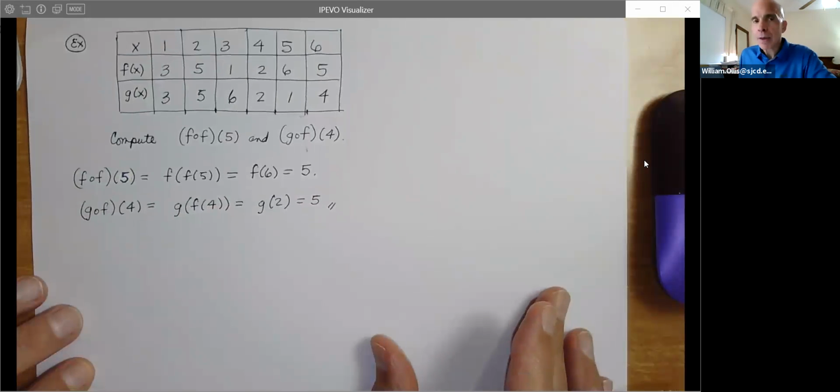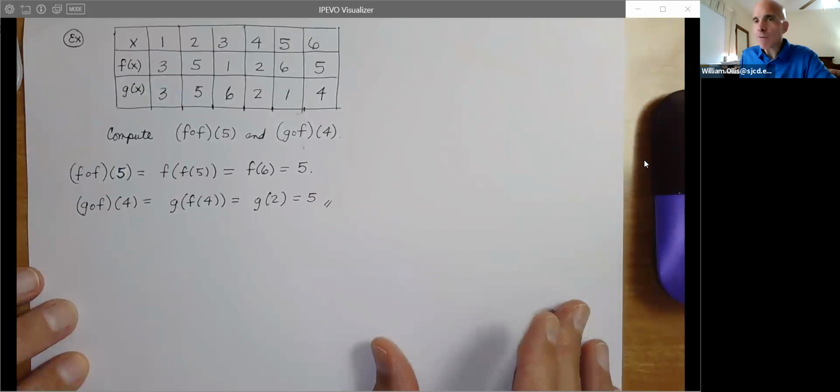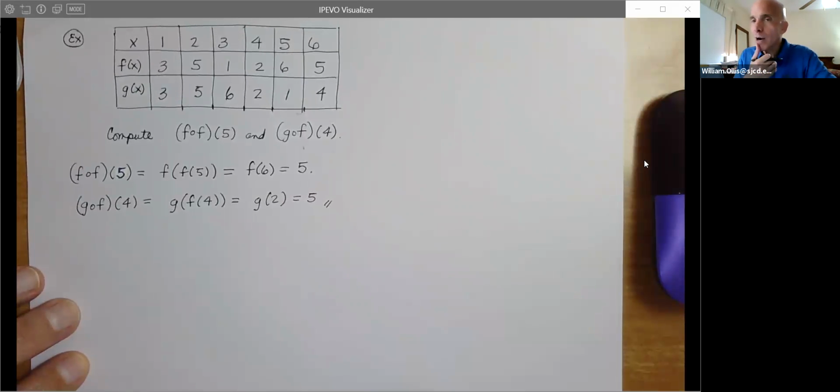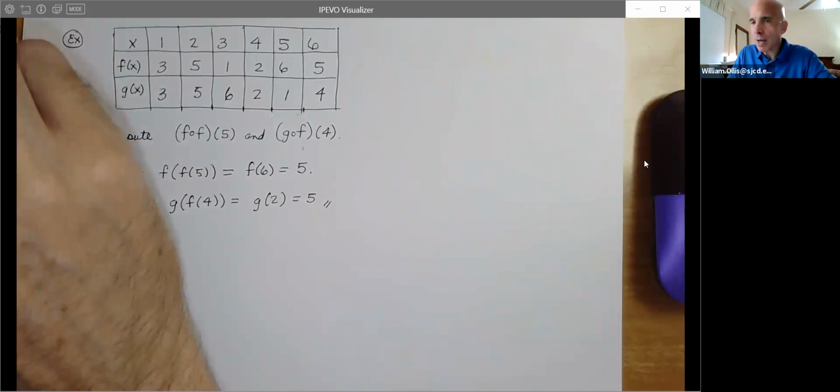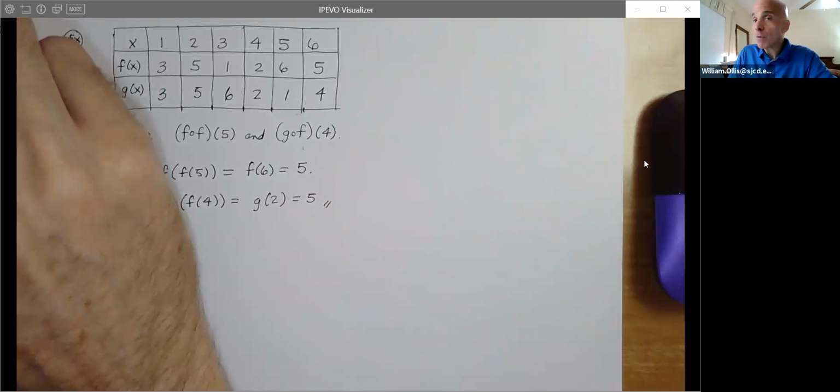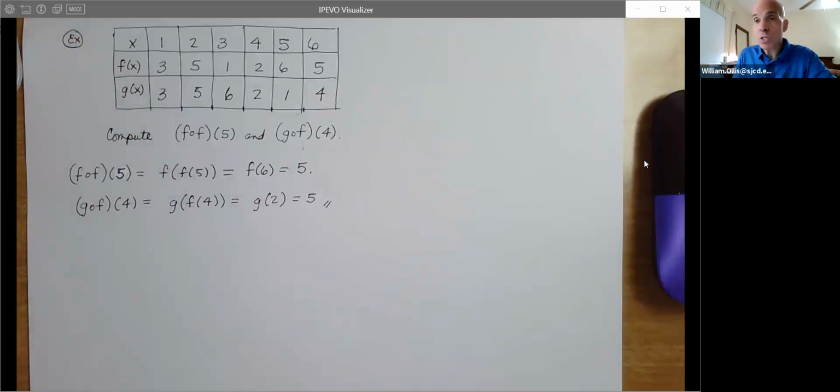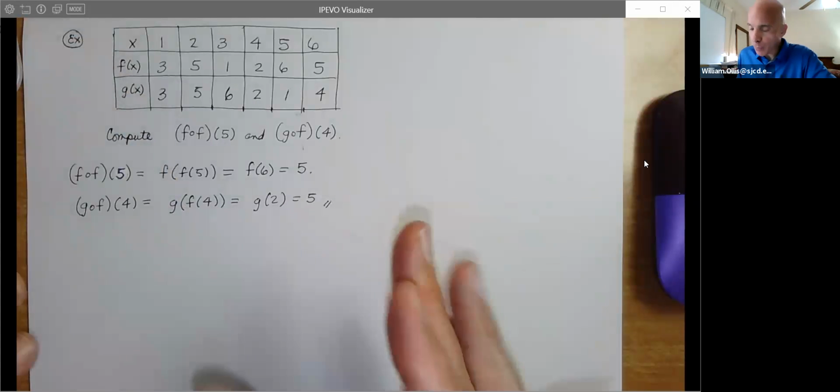And so you're going to have problems in calculus that require you to utilize the definitions of even and odd to verify or validate certain results in calculus. And here's one that is just an algebraic result.